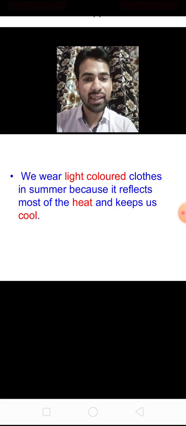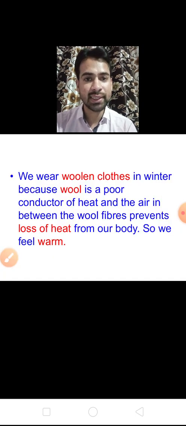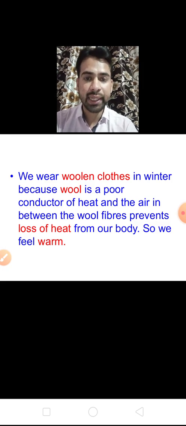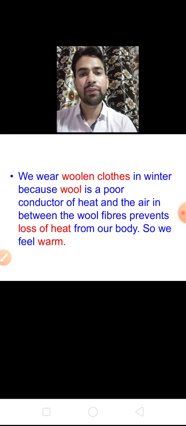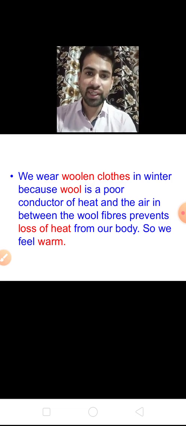Any problem regarding that? Very simple, very easy. The dark color absorbs more heat and the light color absorbs less heat. So that is why we wear light color clothes in summer and dark color clothes in winter.